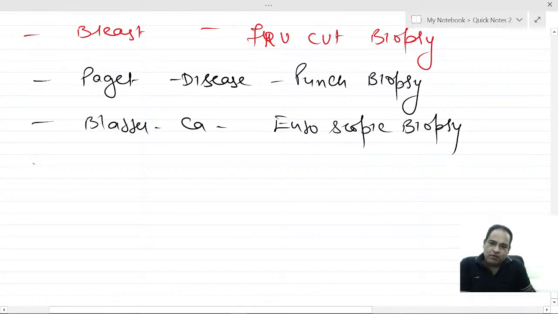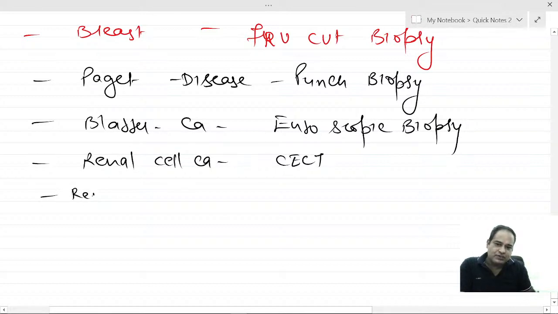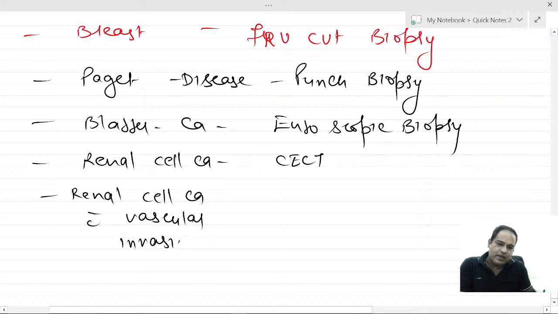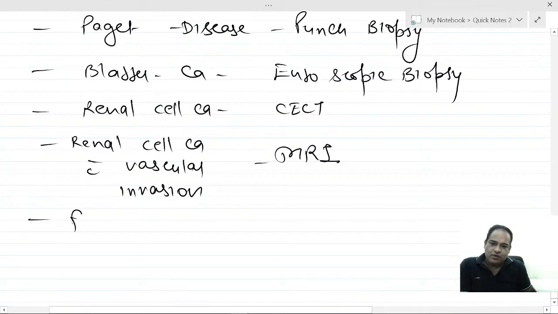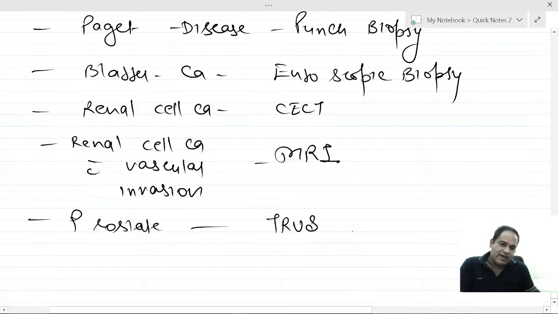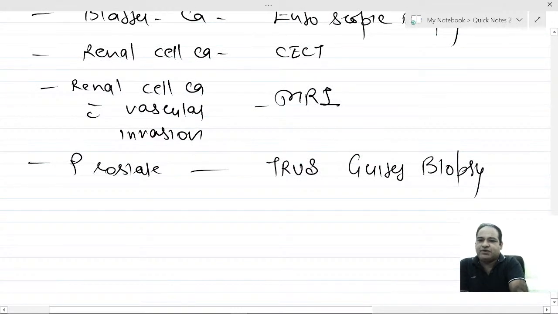Fine. For renal cell carcinoma, it has to be contrast CT. For renal cell carcinoma with vascular invasion, it has to be MRI. For prostate, it has to be transrectal ultrasound guided biopsy.